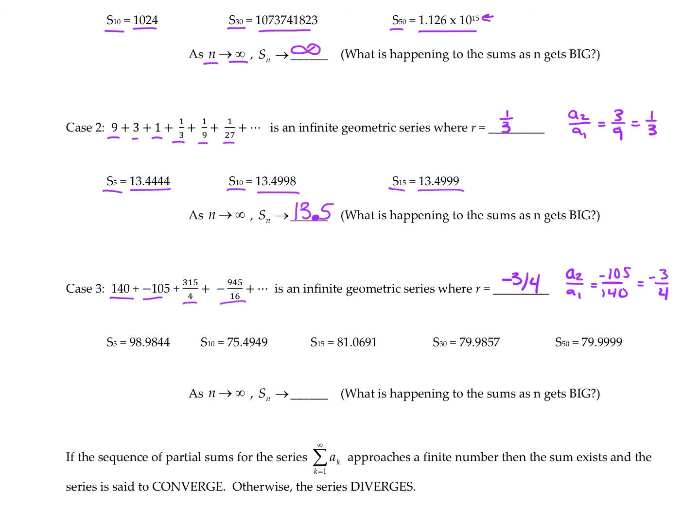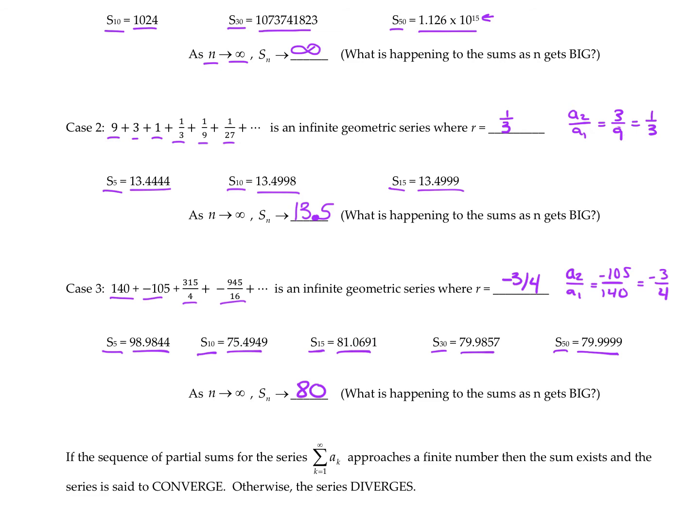So again, let's look at the sum. The sum of the first 5 terms is 98.98. The sum of the first 10 terms is 75.494. First 15 terms is 81. And as I get bigger and bigger, I can see that I'm summing towards 80. So as it goes to infinity, my sum is approaching 80.